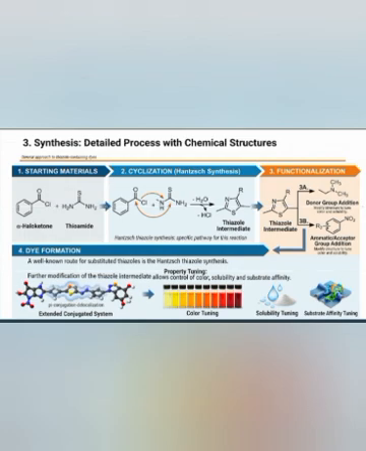The synthesis begins with the reaction of an alpha haloketone with a thiourea. These precursors undergo a chemical change to form a core thiazole ring. After this, an electron donor or electron acceptor group is attached to the thiazole ring.